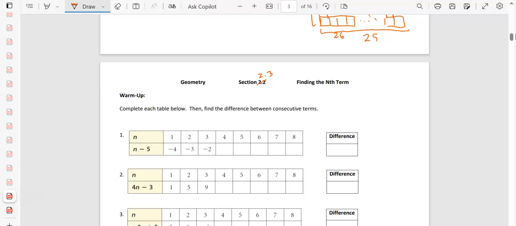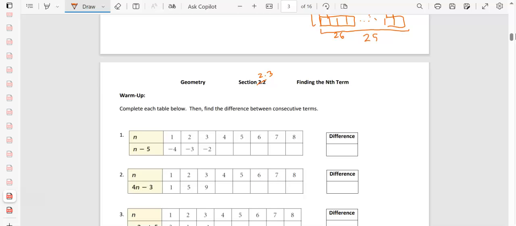We talked in the last lesson about the idea of inductive reasoning and noticing a pattern and coming up with a conjecture or a generalized rule. And that's what we're going to be focusing on today, except we're going to be looking at numeric patterns instead of visual patterns, which is what we focused on in lesson 2.2.